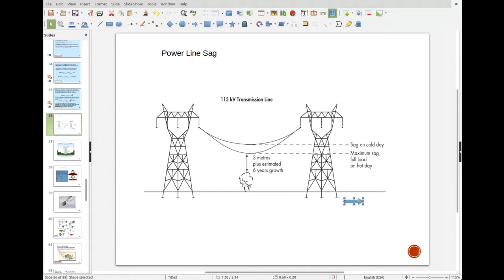Once two or three dropped out, you have two or three of these that are down, and yet we're still trying to transfer the load.